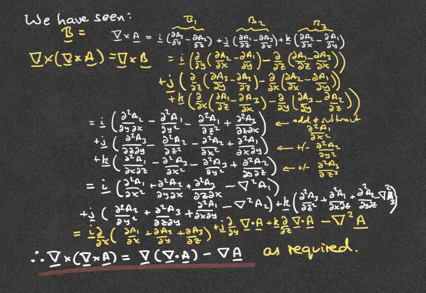These terms, 1, 2, 3, correspond to the derivative with respect to y of the divergence of A. These three are the derivative with respect to z of the divergence of A. So we have the gradient of the divergence of A minus, and apologies, I'd forgotten to put the 2 there, the Laplacian acting on the vector field A. And with that, I will stop this video.